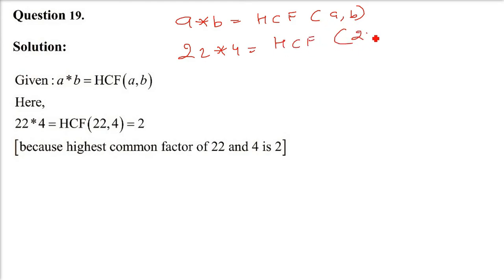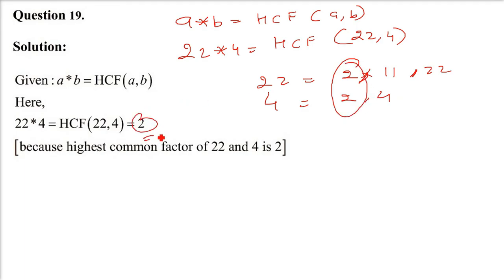The factors of 22 are 1, 2, 11 and 22 itself. The factors of 4 are 1, 2 and 4 itself. So what is the highest common one? 2. So 2 is the answer.